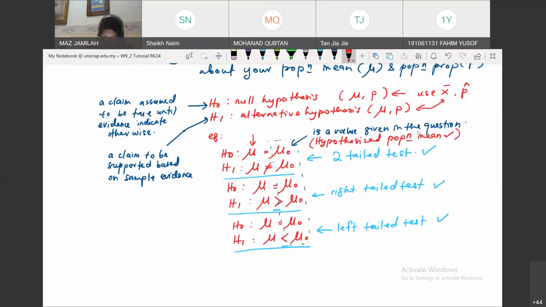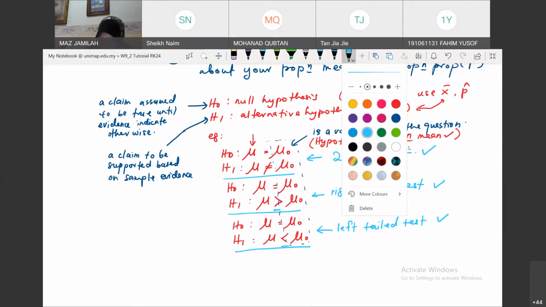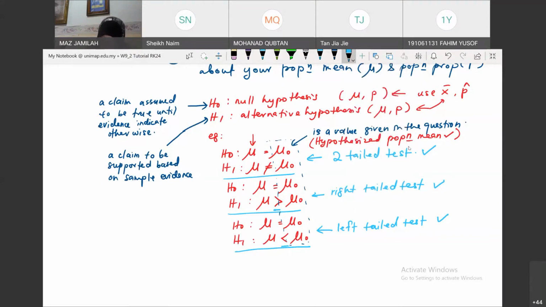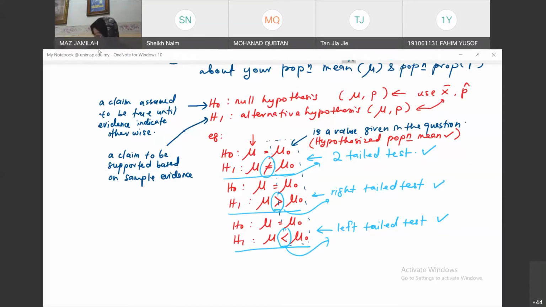Now, what else should you understand? Two tail test is because of this, right tail test because of this, left tail test is because of this. So this is how we decide which kind of test we are using for our hypothesis testing.